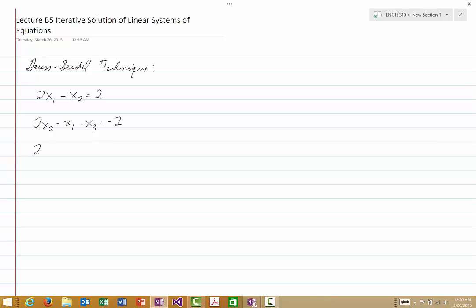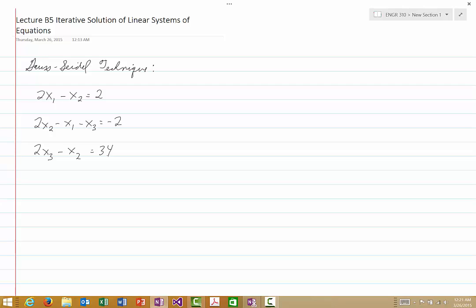And 2x3 minus x2 is equal to 34. So clearly, this is a very small system of equations. It's not the kind of situation where you would typically use the Gauss-Seidel technique, but in this case, we're choosing a small example so that we can do this by hand.